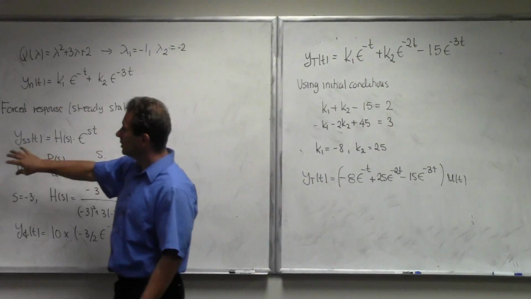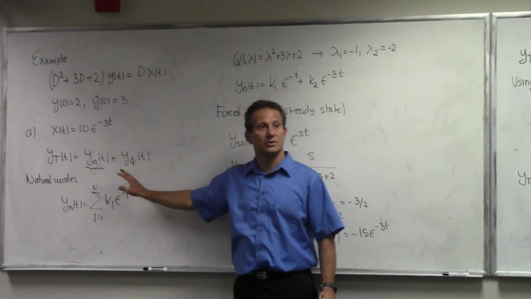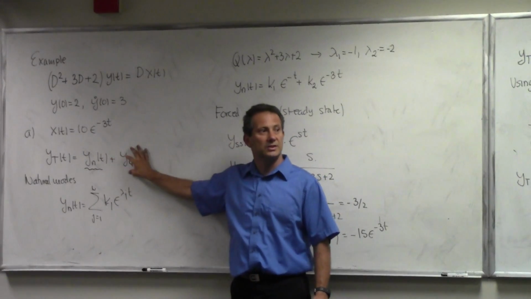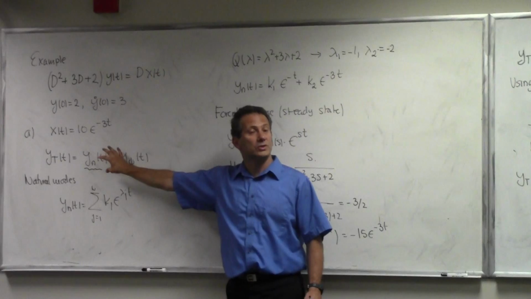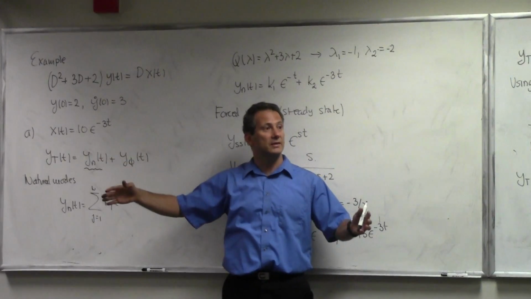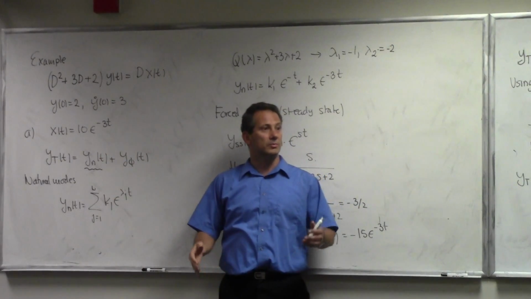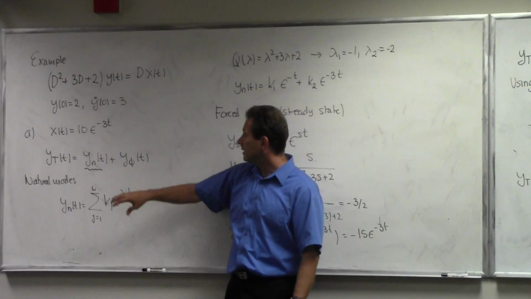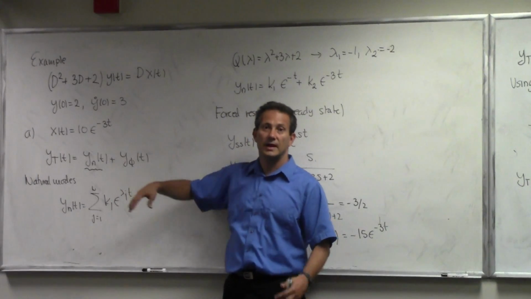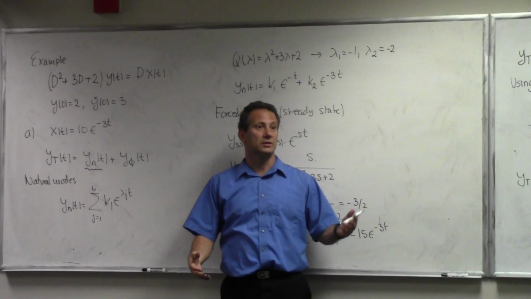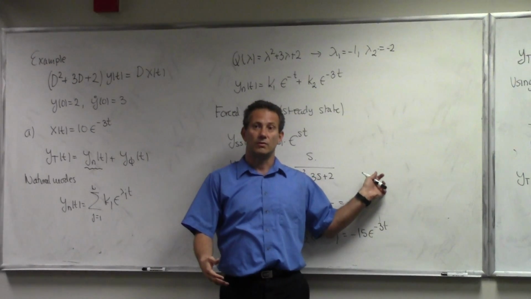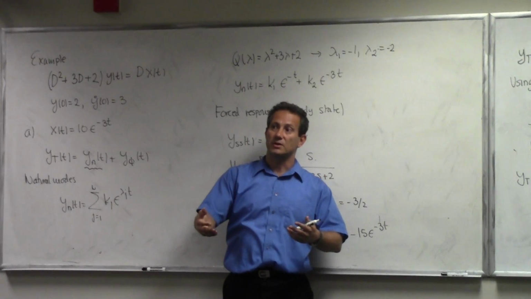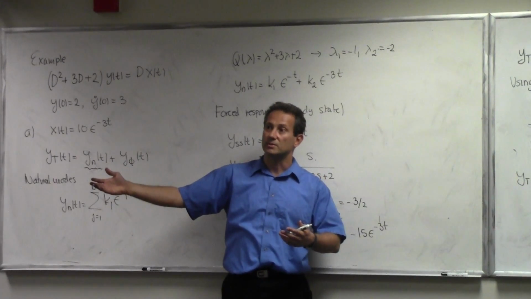And then you piece your final solution not out of the zero input and zero state, but out of natural modes and steady state modes. Natural modes have to be in the same format as your zero input because they are the natural response of the system. And the forced modes have to be in the form of the exponential that you use for input, because the linear system excited by the exponential ultimately responds with the exponential.